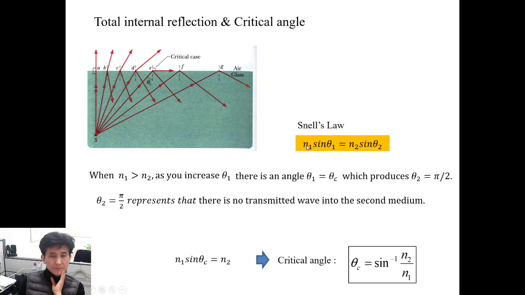But as N1 is 1.3, N1 times sine theta 1 can be larger than 1 for a certain angle. That certain angle is the critical angle.